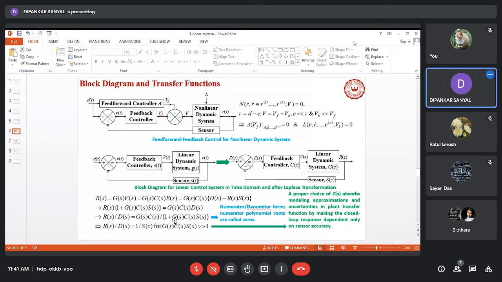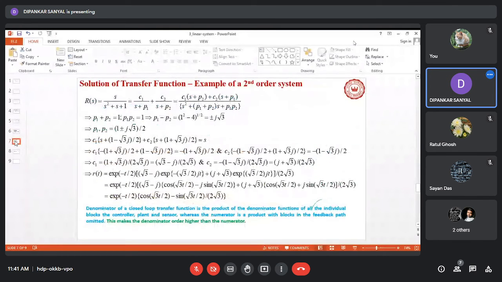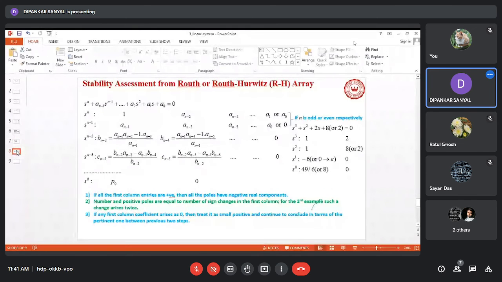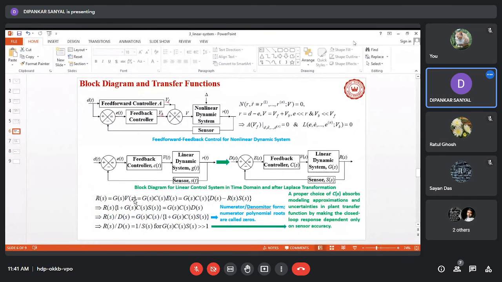Maybe it appears to be a bit difficult at this stage. Say in this S(s) block we have a term like s into 5, and G(s) has the lowest order term 1, C(s) has the lowest order term 1.